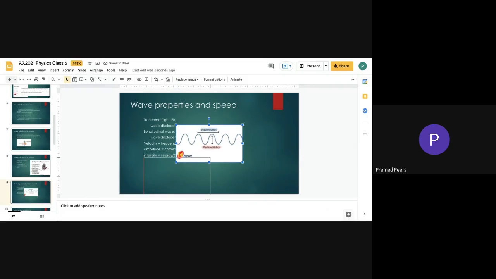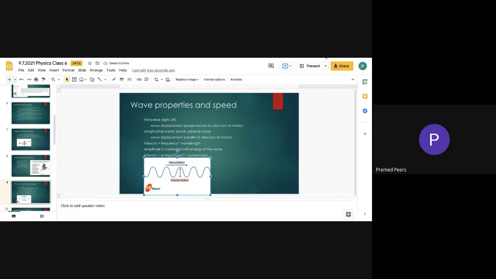Okay, so that's our light wave, or any transverse wave. And then for our longitudinal wave, we have something like this.